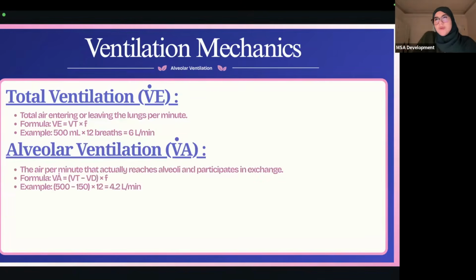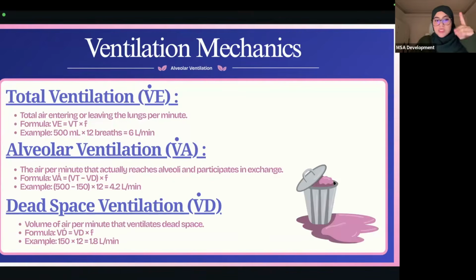However, you can't really figure out how much of your alveoli are being properly exchanged, or where gas exchange is actually happening, because there could be a large portion of your alveoli that are damaged. There's no specific number. But with dead space, it's a set number: 150 milliliters consistently does not get exchanged.